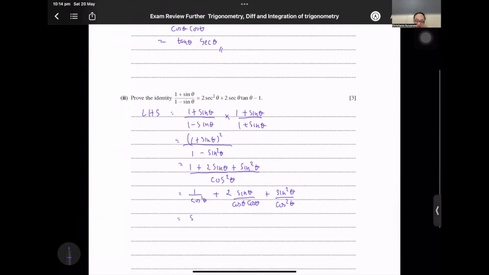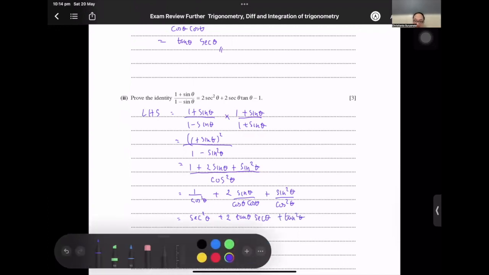So this becomes secant square theta plus 2 tangent theta, 1 over cos is secant theta, plus tangent square theta. Again, because we want to find the secant square theta, we have to change the tangent.